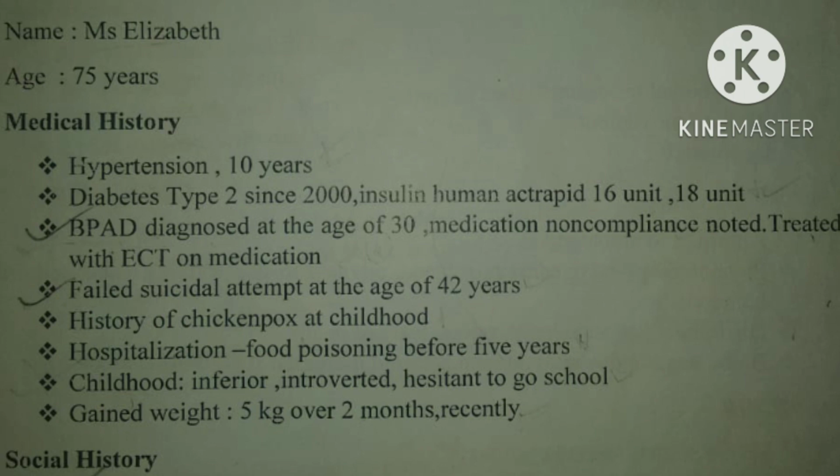Then next BPAD, that is bipolar affective disorder, diagnosed at the age of 30. Medication non-compliance noted. That means she was not taking medication properly on time. Treated with ECT, electroconvulsive therapy, and medication. Failed suicidal attempt at the age of 42 years.